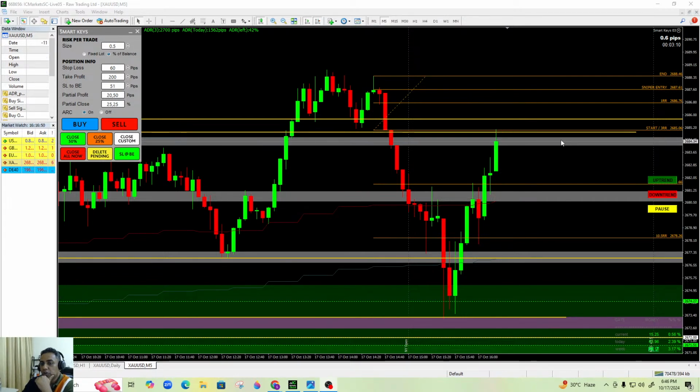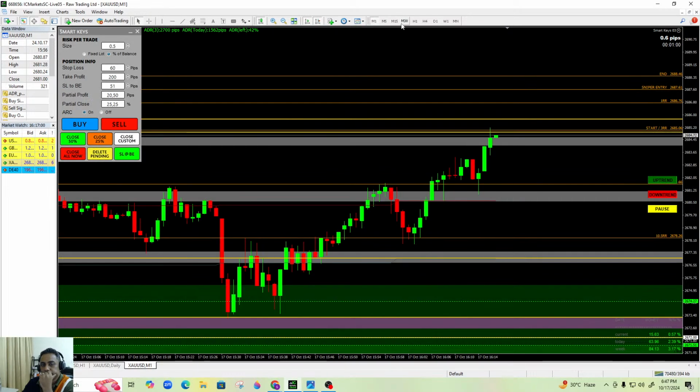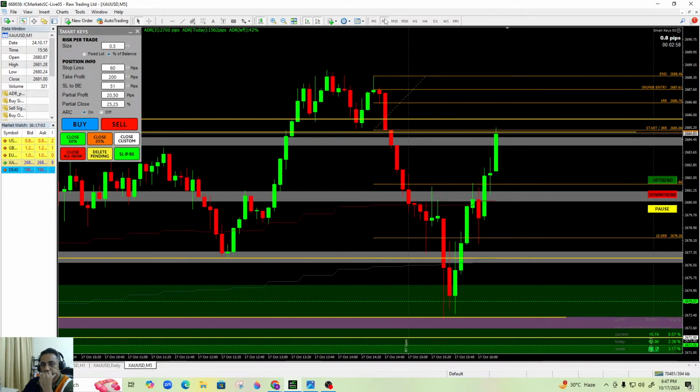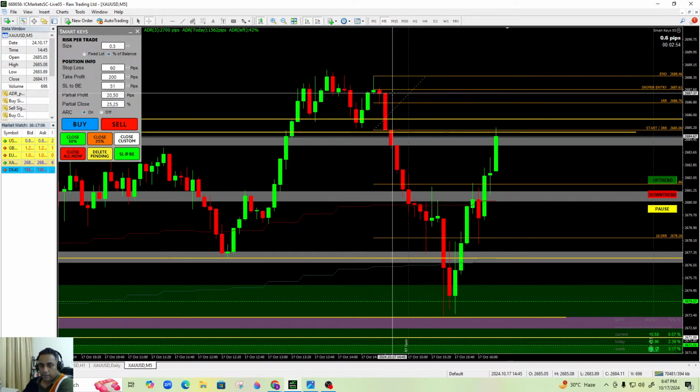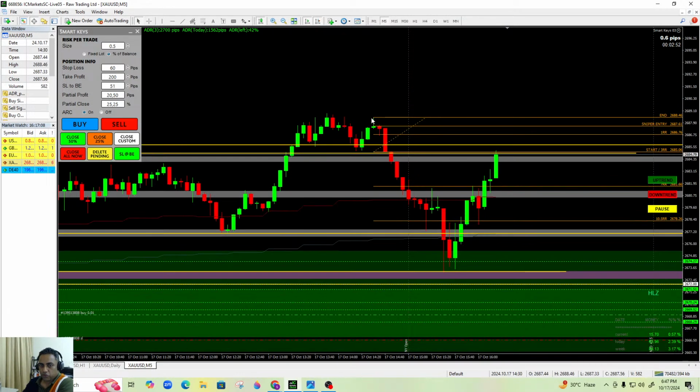Now a candle needs to close above this to continue to break this high. Once we break this high, we're going to continue.